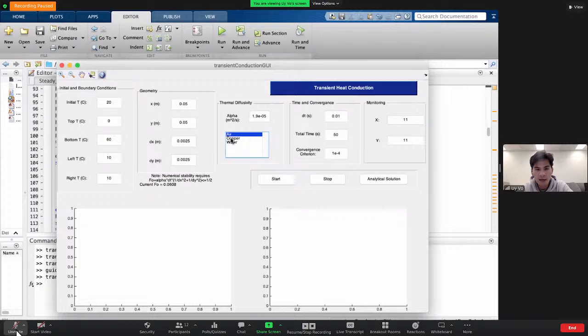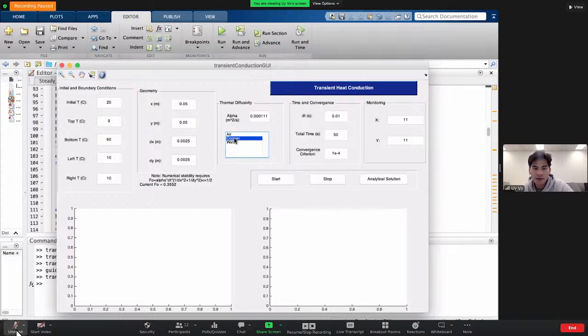As you can see, anytime I choose the material, there will be a note that tells us that if we choose this geometry and also the time step, the value of numerical stability will change, and we have to make sure that the value we choose here creates a value of Fo, as I call it here, smaller than 0.5.